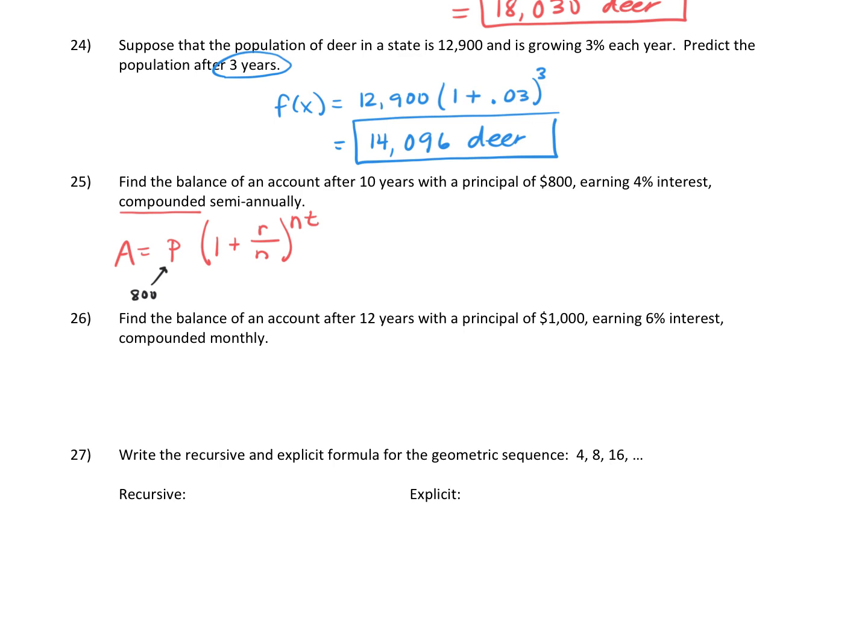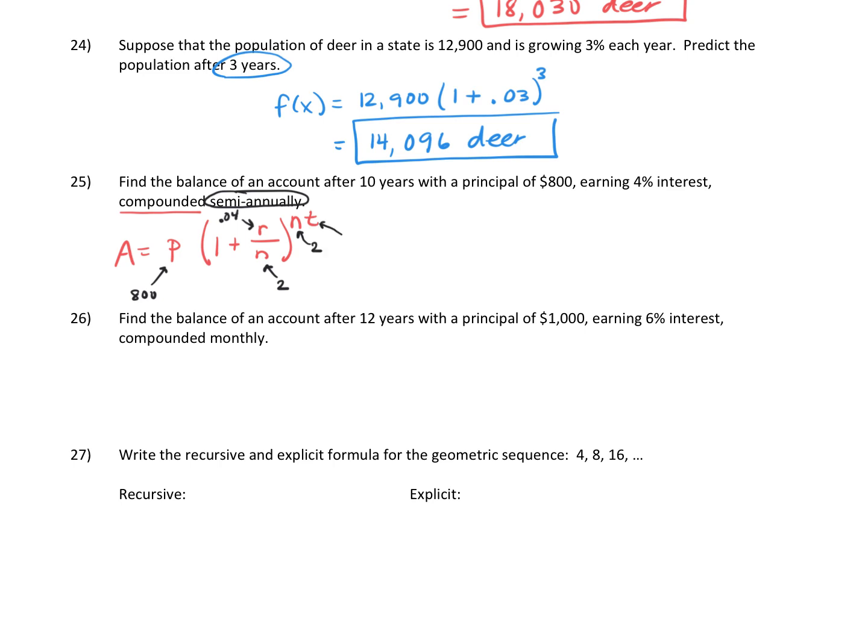So 4% as a decimal is 0.04. This N is our number of compounds per year. When it says compounding semi-annually, annually would be once a year, semi-annually is twice a year. We can see we have our N up here and our exponent again. We're going to use that same 2 there.